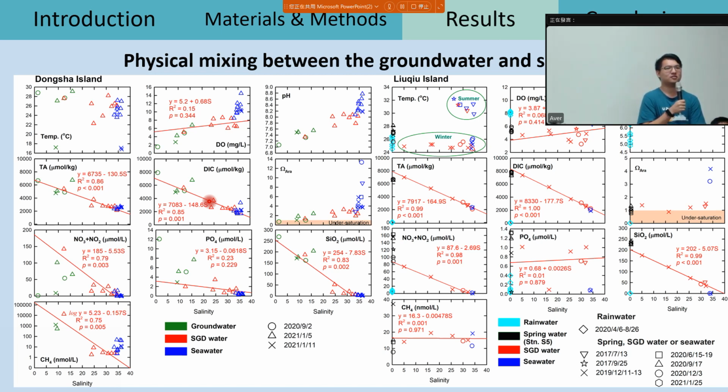When the salinity goes up, it happens. It goes up because the high salinity SGD water is more here. And do you know why? Maybe I think it's just normal. It's not particularly special, it's just natural. Oh, okay. Thank you.